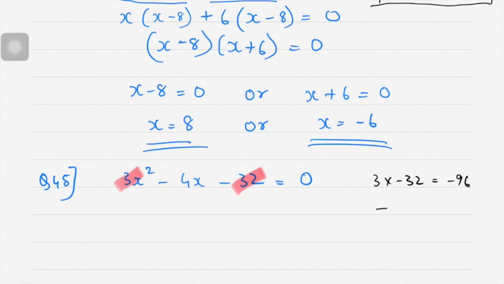Minus 96, correct? So you need two numbers. When you multiply those two numbers, the product should be minus 96, and when you add those two numbers, the sum should be minus 4.